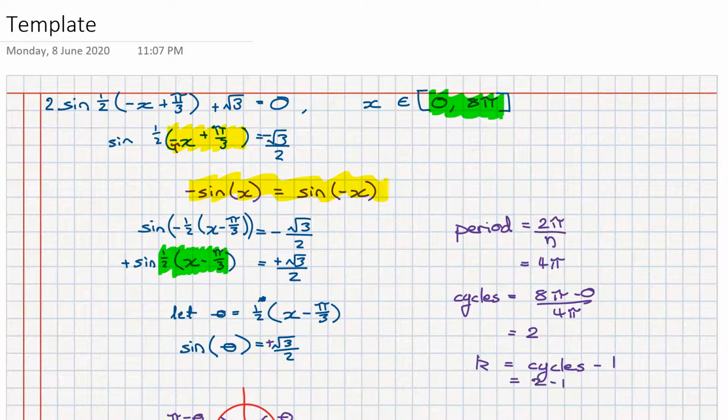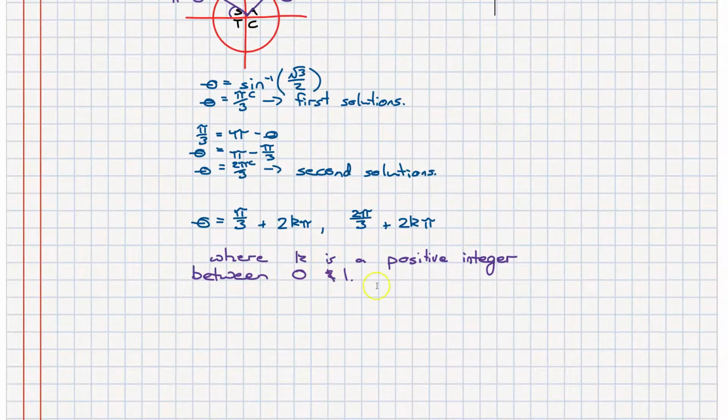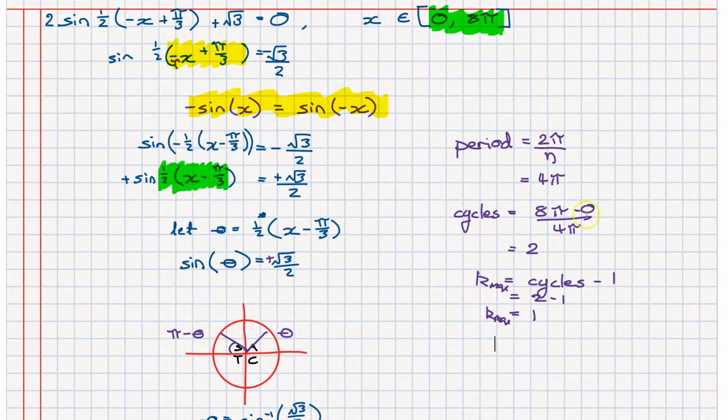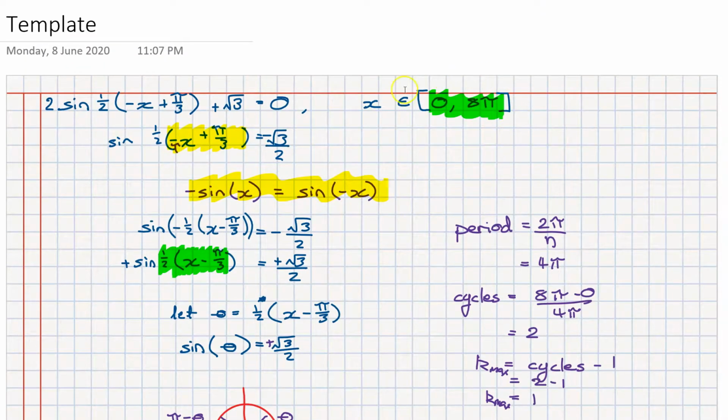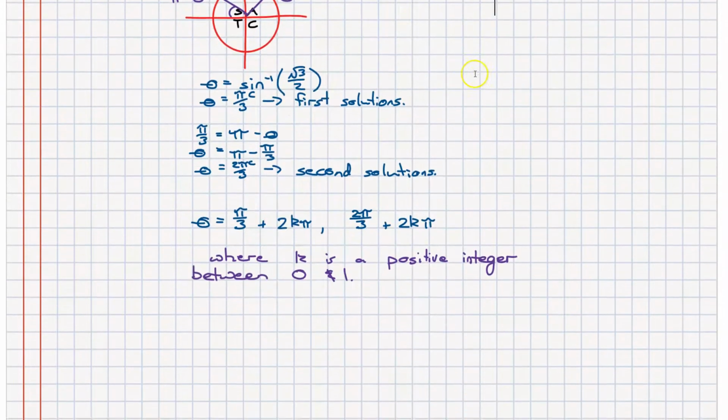So 2 minus 1 is simply 1. So, whoops, I should say maximum value of k. So that's where our 0 and 1 come from here. Again, we don't have to explain this bit. It's sort of assumed that you can work it out based on the domain up here.